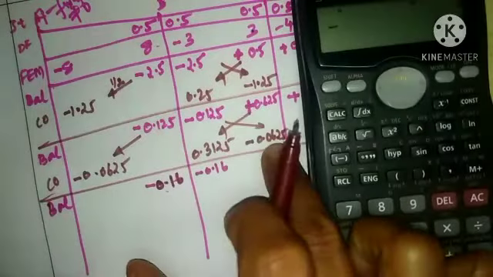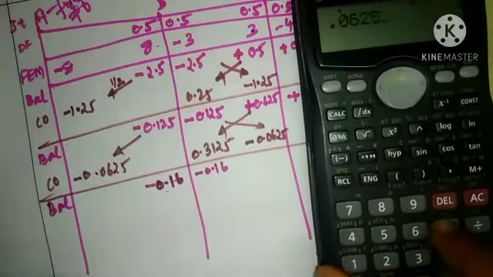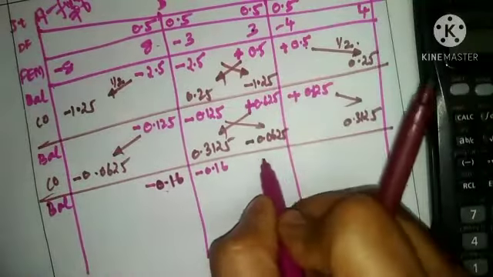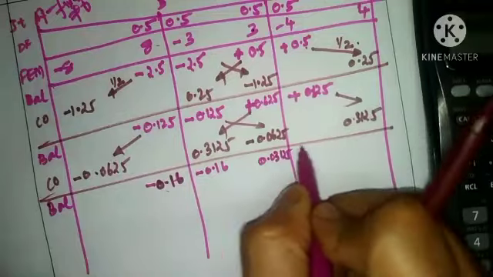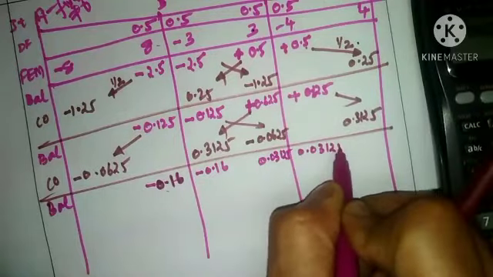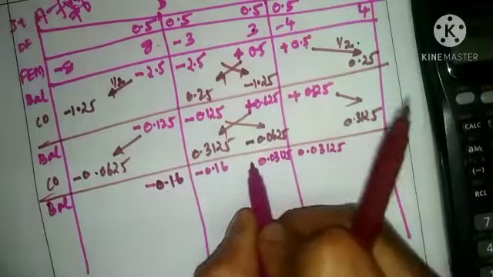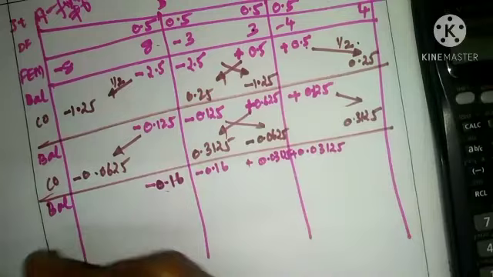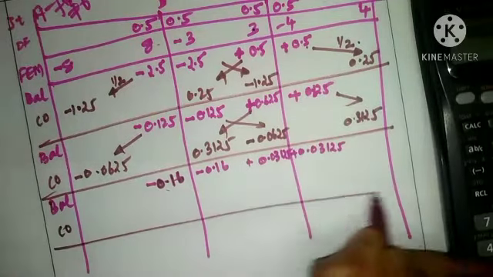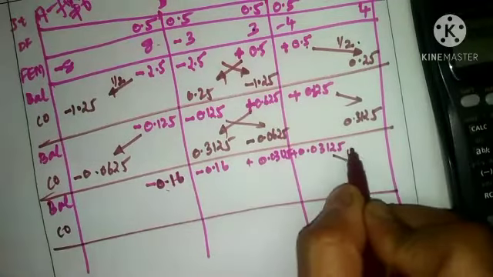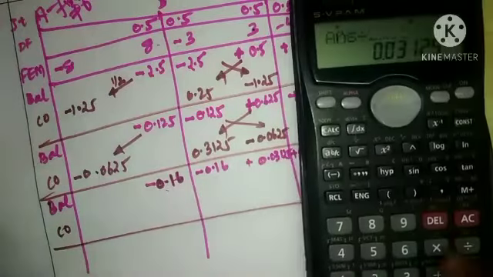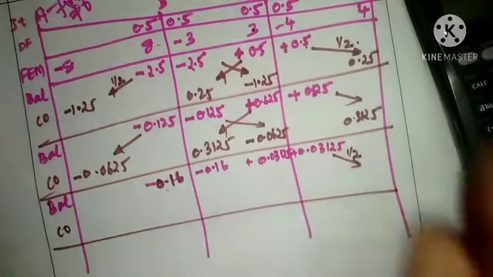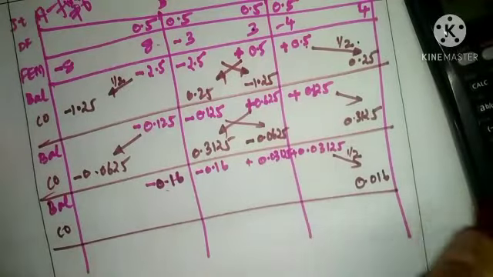Then 0.0625 multiplied by 0.5 comes as 0.03125. The opposite sign of minus will be positive for both. Once we have done this balancing, the next one is carry over. So 0.03125 half value will be transferred here, which is 0.016 approximately.